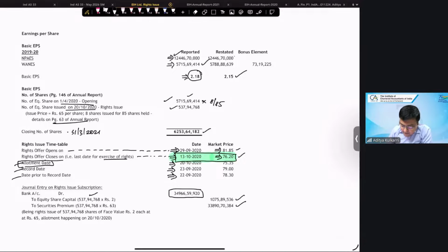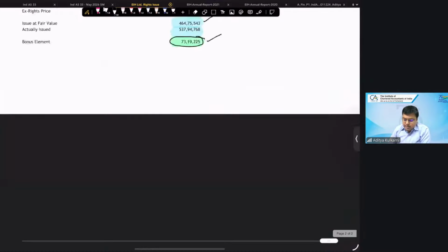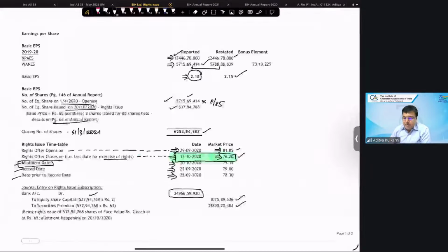Take the same net profit, but here I am adding the bonus component. So 57.15 crores plus 73 lakhs. When I add this, it comes to 57.89 crores. When I divide this, I will get 2.15 as my restated EPS.